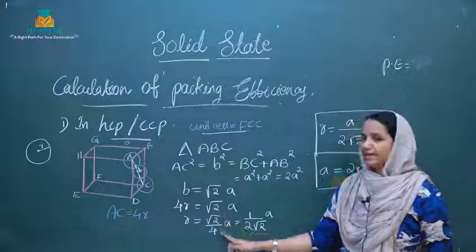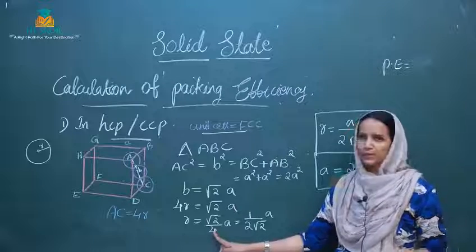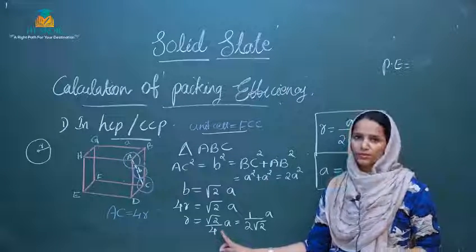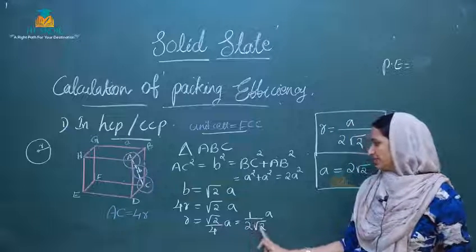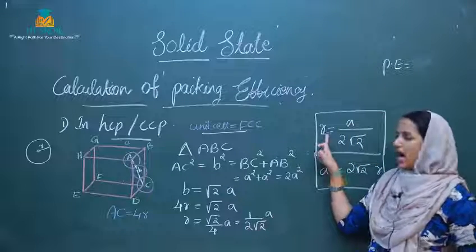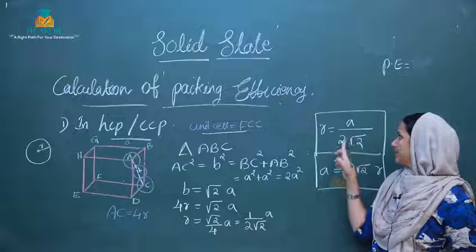So by simplifying, 4 is 2 into 2, or rather root 2 into root 2. So while simplifying you can write it as 1 by 2 root 2 A, or you can write R is equal to A by 2 root 2.